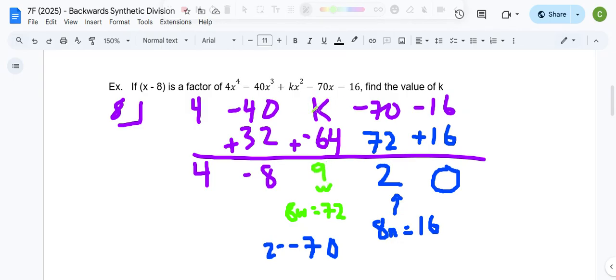Now to find our missing k, we know that k will be 9 minus negative 64. All right, because we know k plus negative 64 equals 9, so we work backwards. 9 minus negative 64 equals k, so our k value is going to be 73.